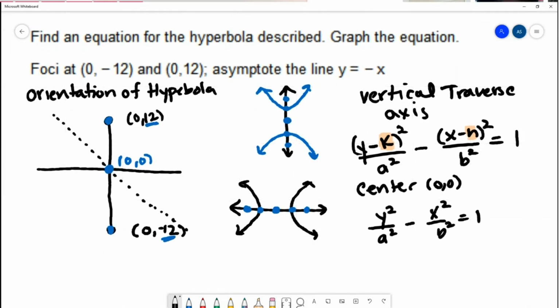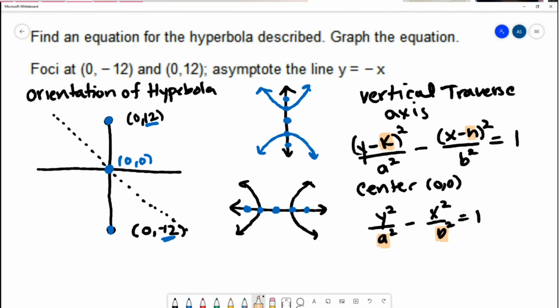Continuing on, I want to try to identify what the a and the b are. This is going to be a little bit more difficult because of the information that's given. So remember the three letters, a, b, and c. a is the distance between the center and the vertex. c is the distance between the center and the foci.